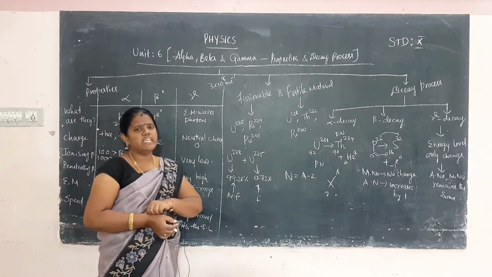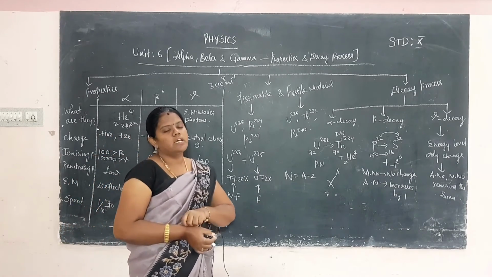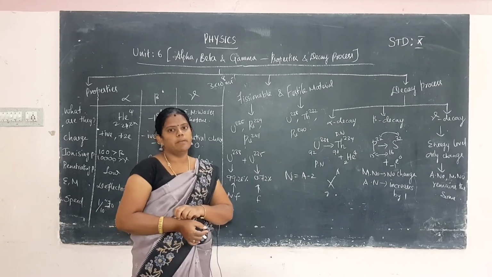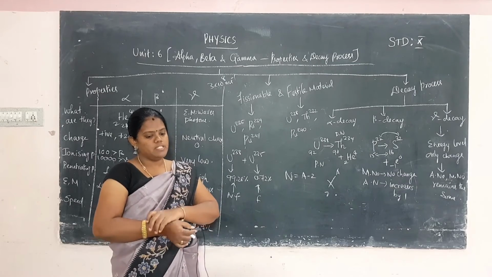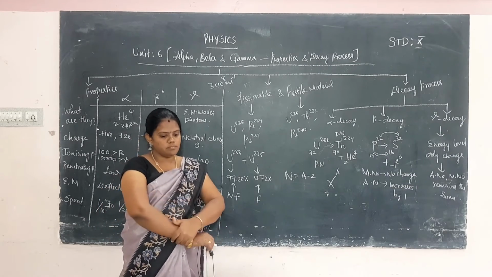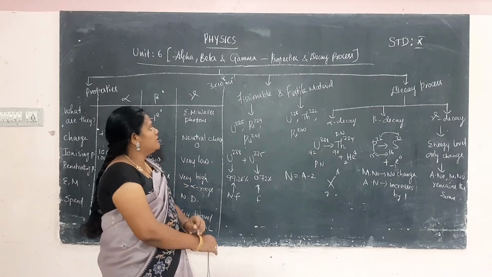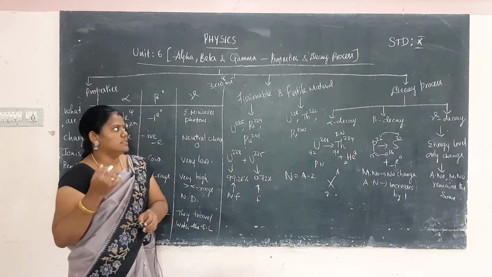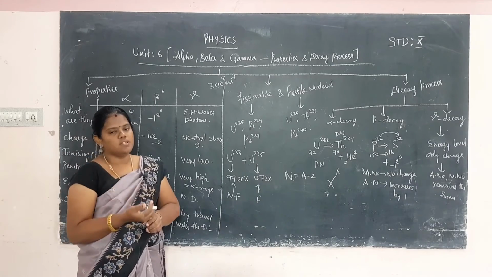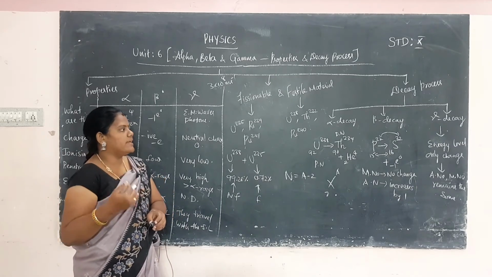Next I will explain the decay process. The radioactive displacement law was given by the scientists Soddy and Fajans. The two scientists gave the decay process for alpha, beta, gamma.